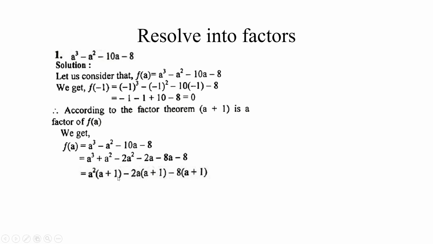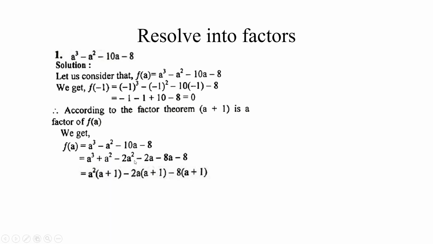So a plus 1 into, if you want to get a cube, you will multiply a plus 1 into a square, that is a cube, and you'll get a square into 1, that is a square. But in the first line you see minus a square, so to get minus a square you should write minus 2a square.